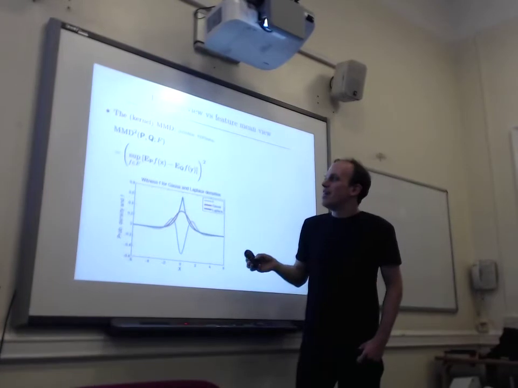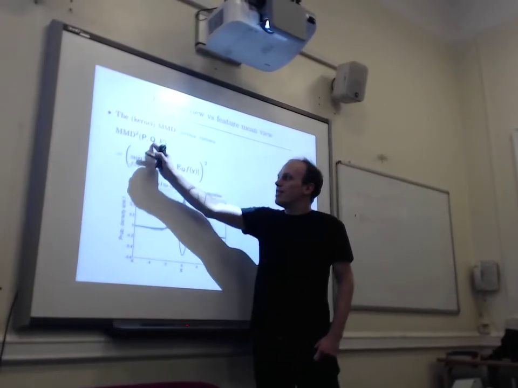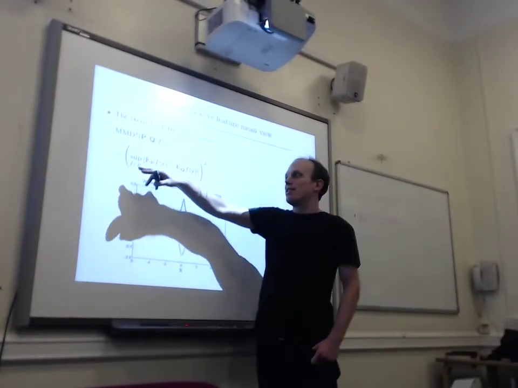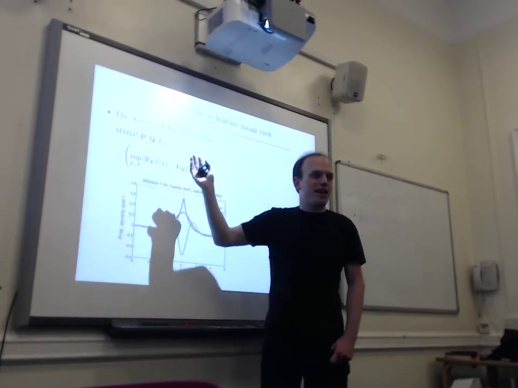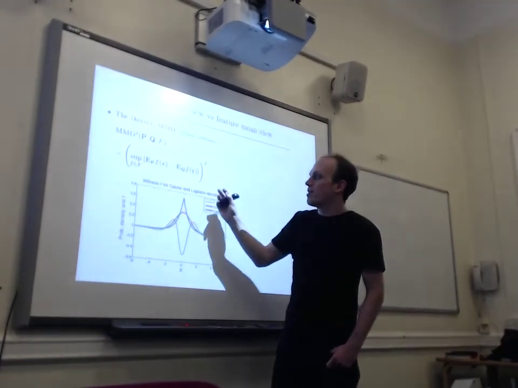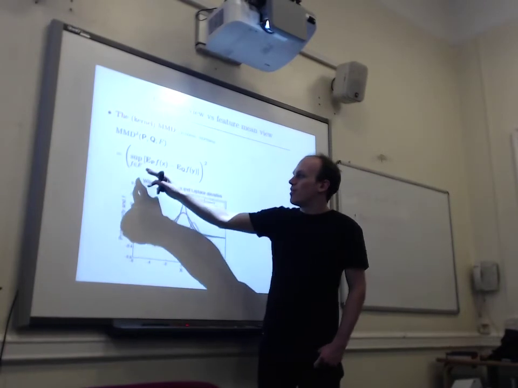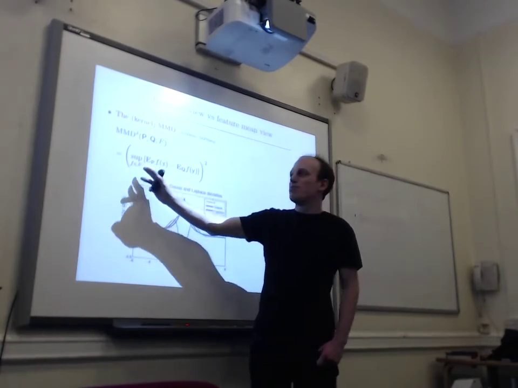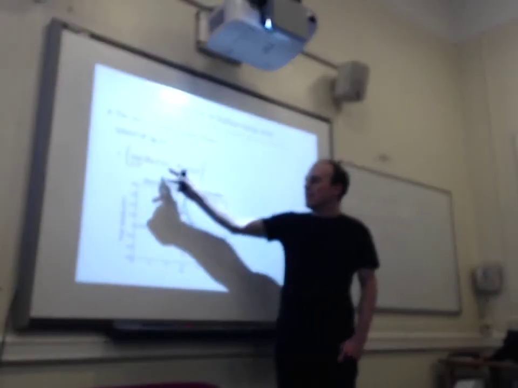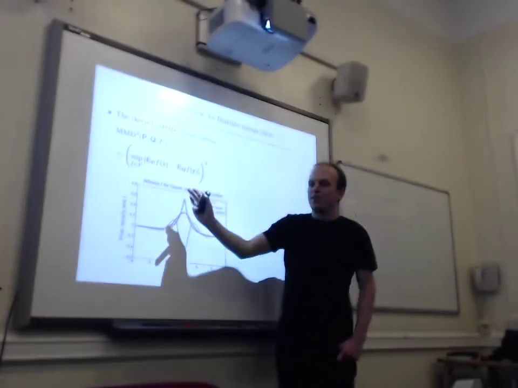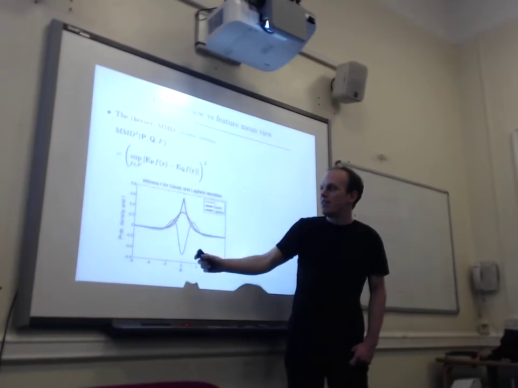Okay, so here is my maximum mean discrepancy. I'm going to take the square of it just to make the math easier. I'm looking for a function from some set of smooth functions that maximizes the difference in expectation under p and q. So that's my smooth function here.